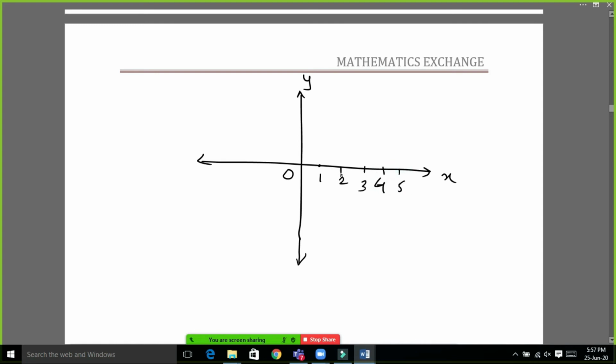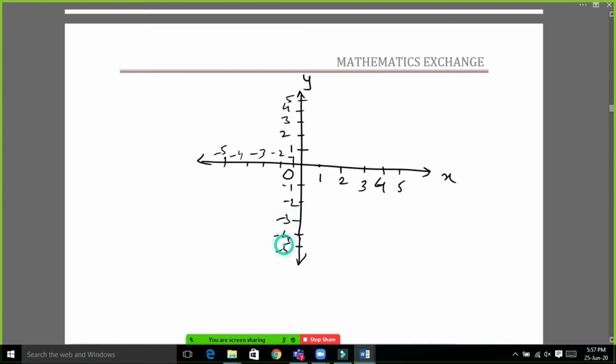On the positive y axis, again 1 2 3 4 5. This is the negative x axis, minus 1 minus 2 minus 3 minus 4 minus 5. This is the negative y axis, minus 1 minus 2 minus 3 minus 4 minus 5.